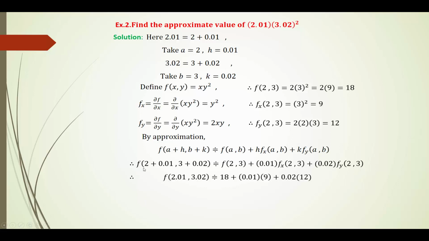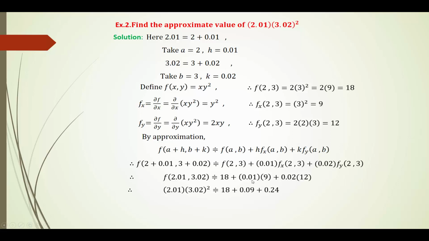Therefore, we get f of 2.01 and 3.02 is approximately equal to f of 2 3, which is 18. We know the value of f of 2 3 is 18. Put this value, plus 0.01 fx 2 3, and fx 2 3 is 9, plus 0.02 fy 2 3, and fy 2 3 is 12. We know the function f of x y is x y square, so 2.01 into 3.02 square is approximately equal to 18.